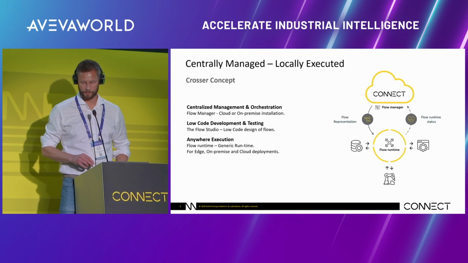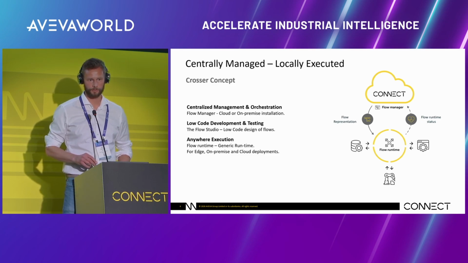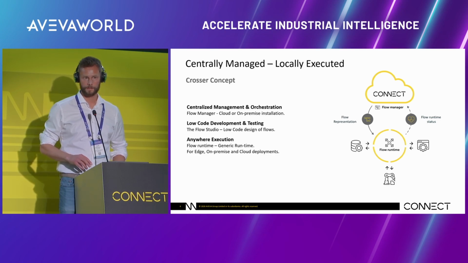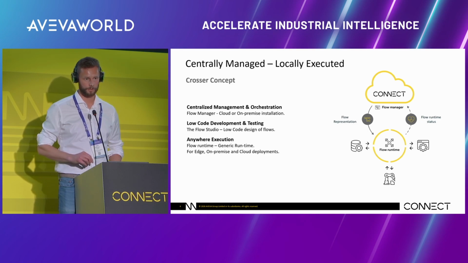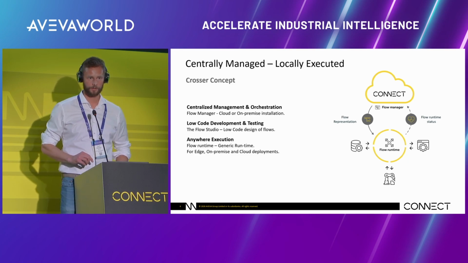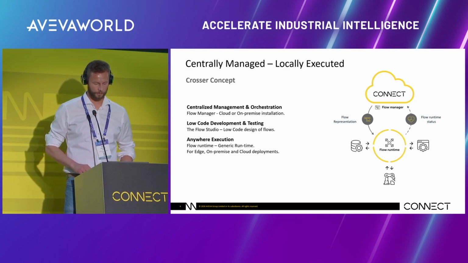Important to understand here, the communication between these two components is always initiated from the Flow Runtime, outbound via HTTPS to the Flow Manager. That's all we need from a setup perspective in order to get this up and running. Once you have your flow configured, you deploy it into this runtime, and then the flow runs autonomously, independent of connectivity to the cloud. So even if you lose connectivity, the data will still be processed as you have designed it to be.